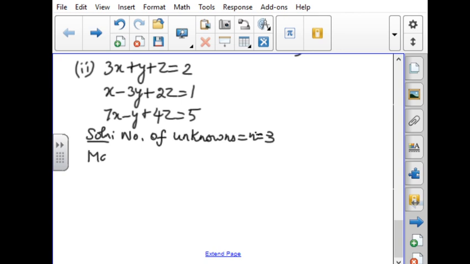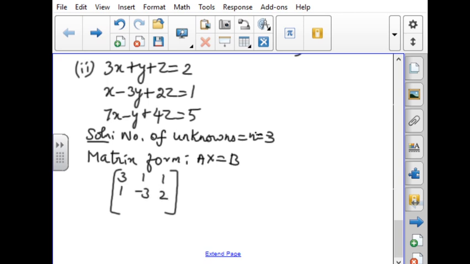Next we need to write down the matrix form. Matrix form is AX is equal to B. So first write down the matrix A, that is nothing but the coefficient matrix. A is 3, 1, 1; 1, minus 3, 2; 7, minus 1, 4.